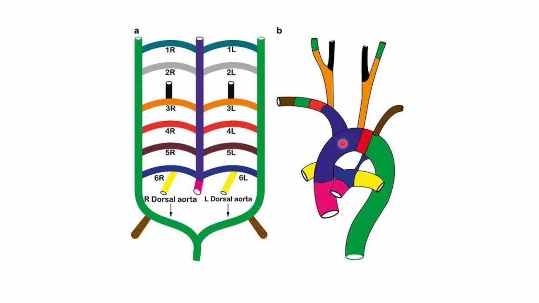Now, the beauty about this image is that it tells you that the aorta, from the ascending all the way to the descending, arises from different embryological tissues. Different embryological tissues, and we'll find out soon enough.